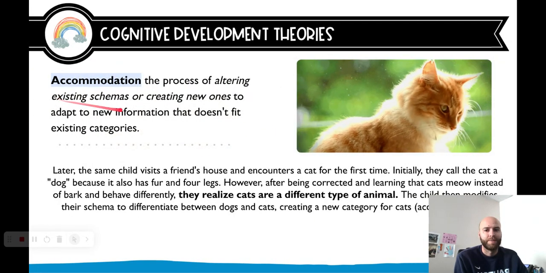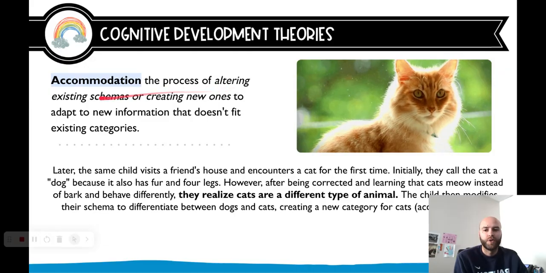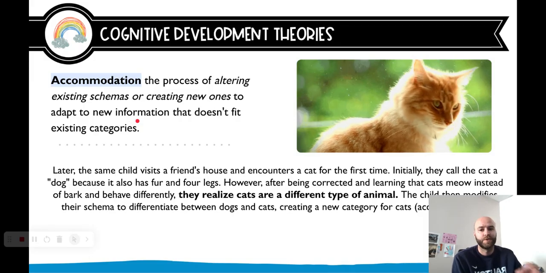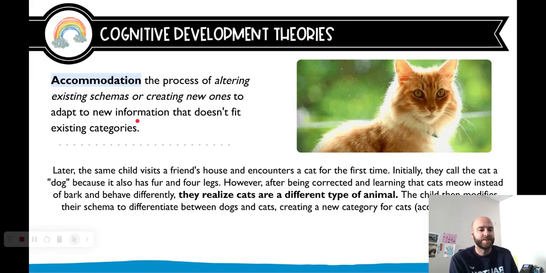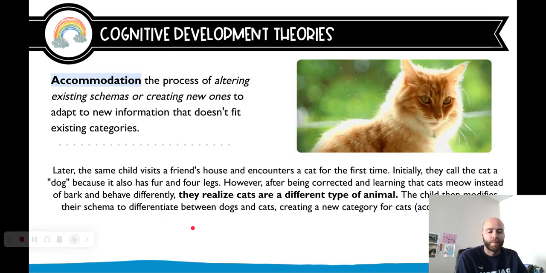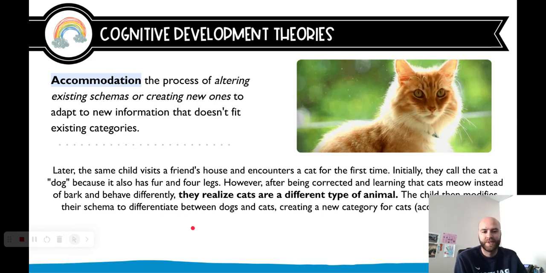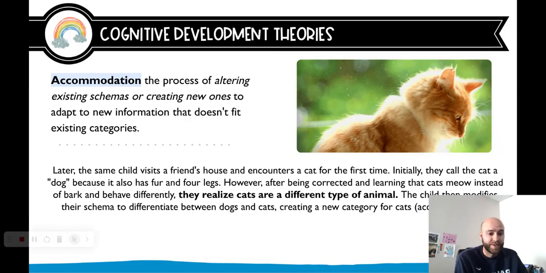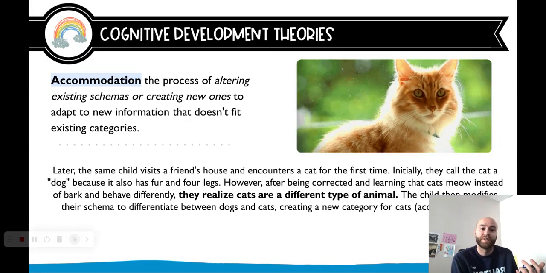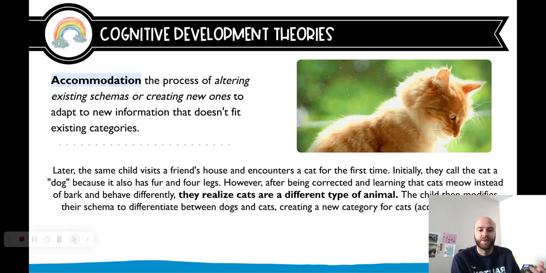But what happens when a child encounters something new? That's called accommodation, where we alter our existing schema or create new ones to adapt to new information that doesn't fit an existing category. For example, that same kid has never seen a cat before, goes to a friend's house, sees a cat for the first time, and calls it a dog because it's furry, has 4 legs, and he hasn't heard it make a sound yet. He's just assuming it's a dog.